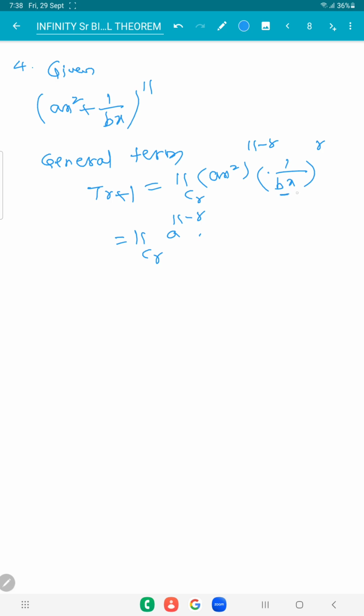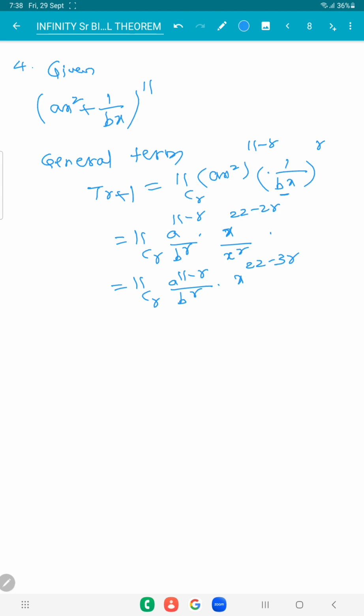Here (1 by bx) power r means b power r comes here, x power 22 minus 2r, and 1 by x power r. I am taking one more step. So 11Cr a power 11 minus r by b power r x power 22 minus 3r.